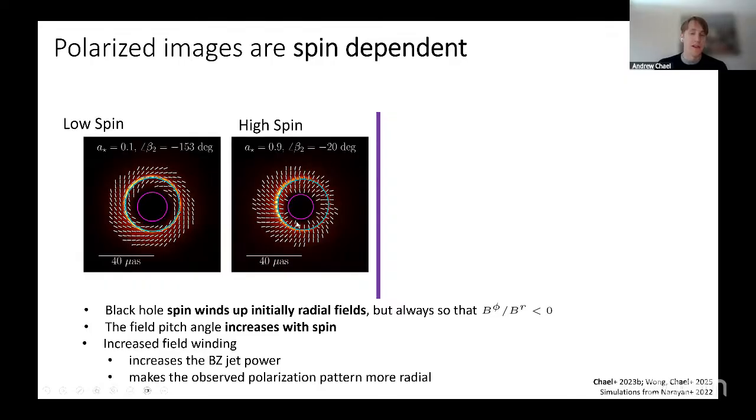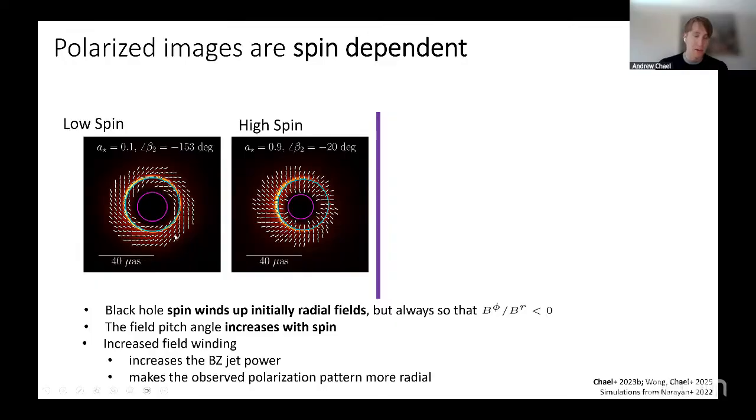And in this case, these are average images from GRMHD simulations, which include all the time variable turbulence and all of the 3D effects, which are ignored in the simple cartoon picture. But you still see in the average that they basically show the expected behavior, where a low spin black hole has a helix of polarization which is more toroidal.